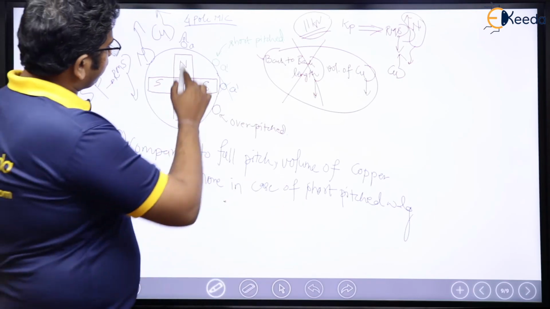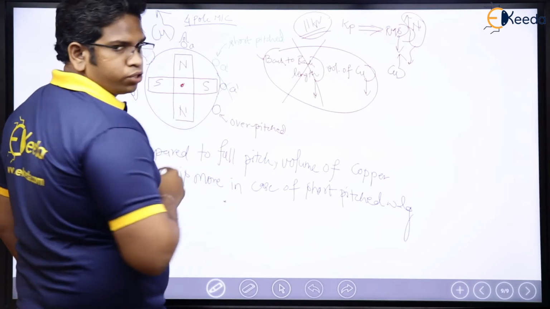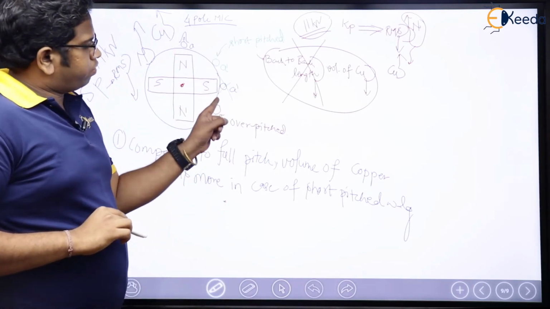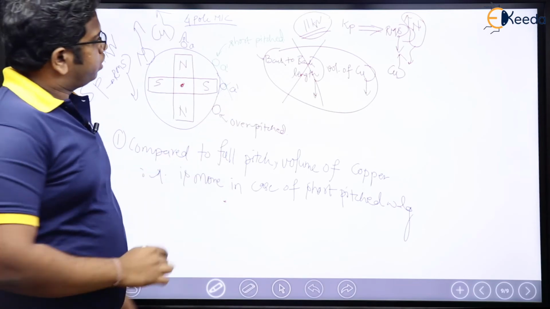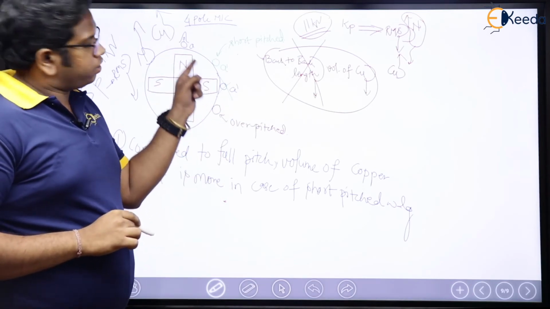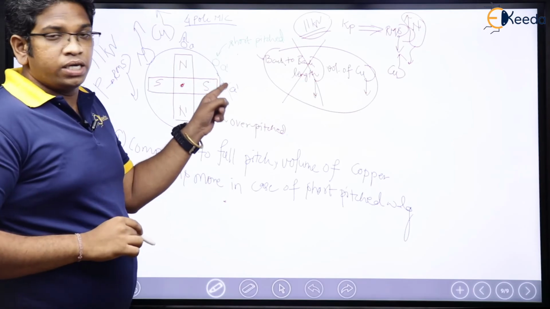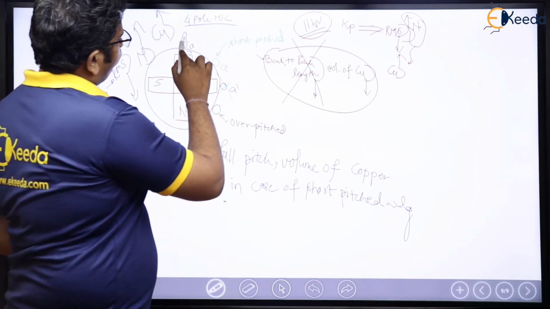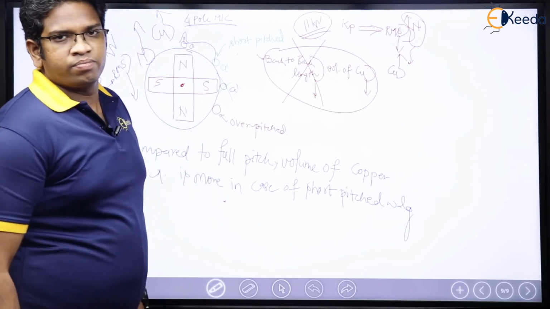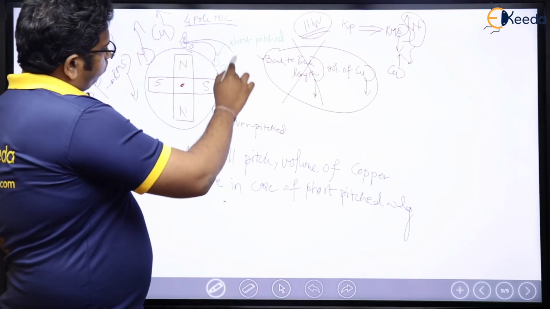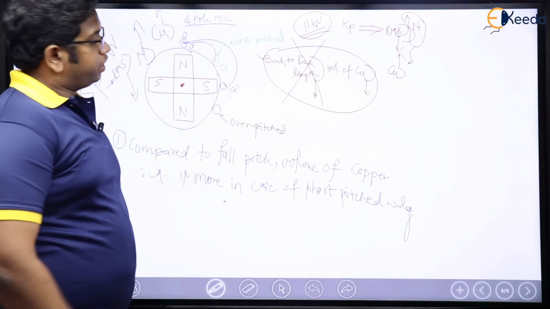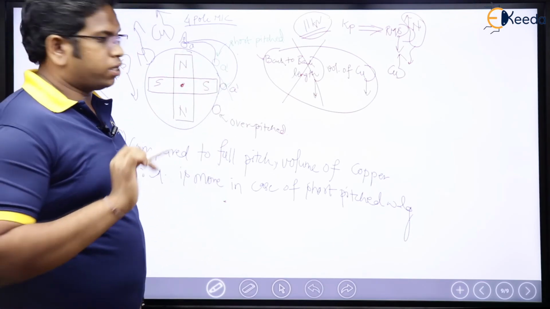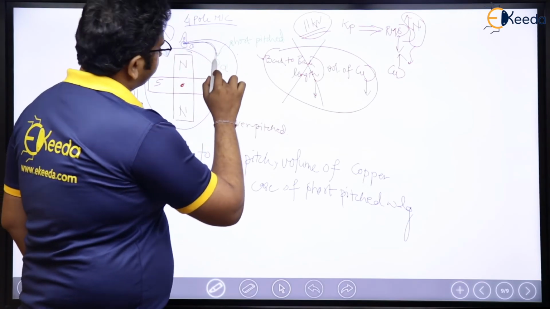Even if you see the back-to-back length between short pitch and full pitch, the back-to-back length in case of short pitch is less than full pitch, because you will have to give this much only, but for full pitch, you will have to give this much, right?